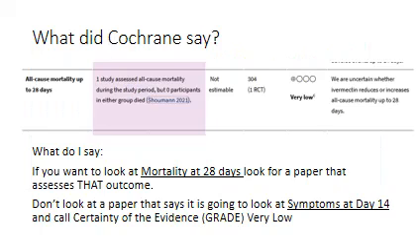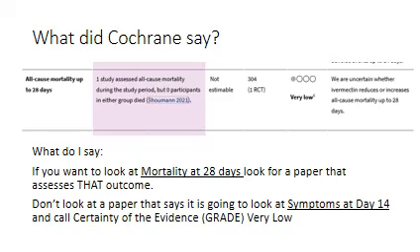So what did Cochrane say? They took the study, which doesn't even aim to look at mortality data, and said that the study did not estimate mortality data, and they put the grade as very low. So we are uncertain whether ivermectin reduces or increases all-cause mortality up to 28 days, when the study never even looked at that. That was not their main aim, right? Now, what am I trying to say?